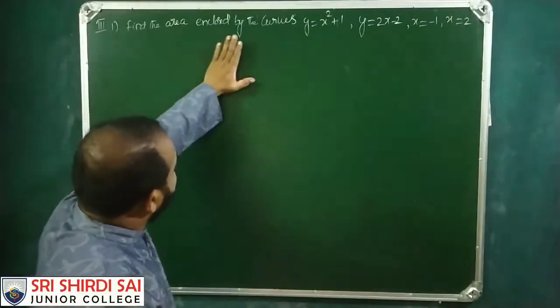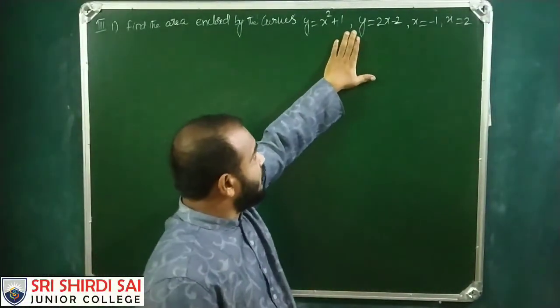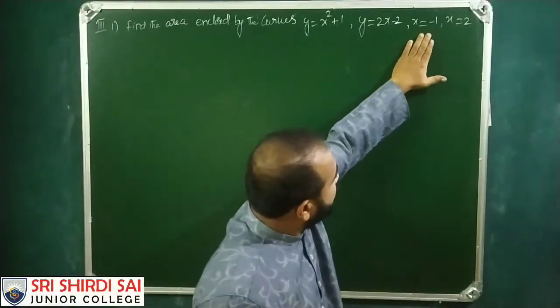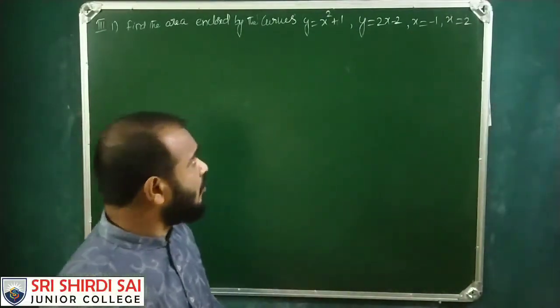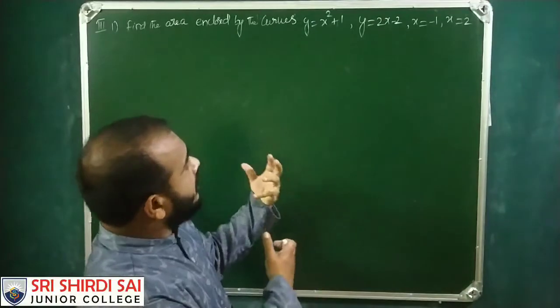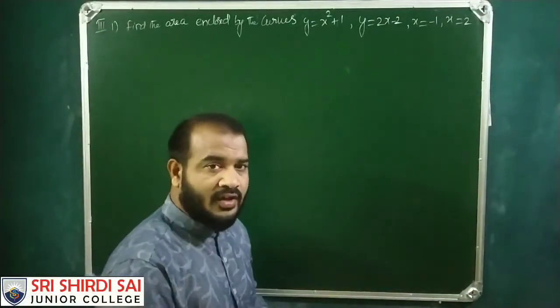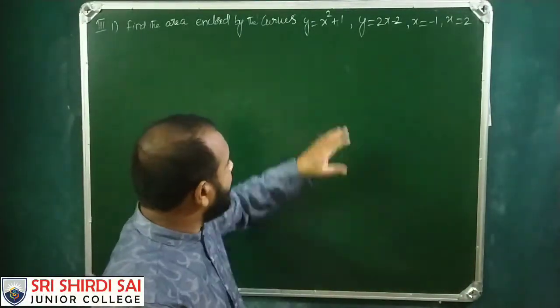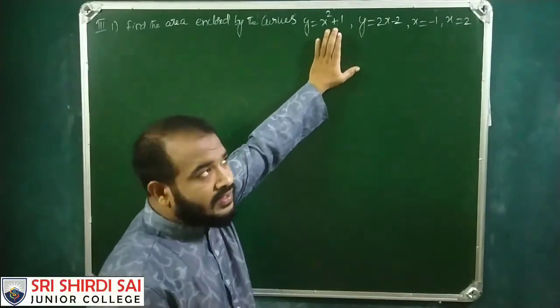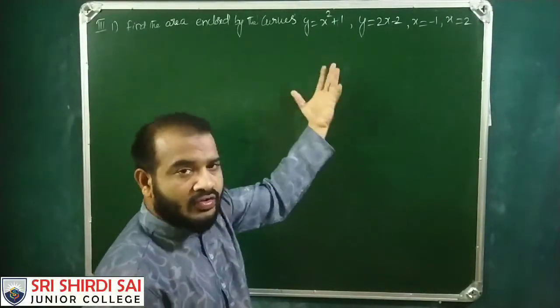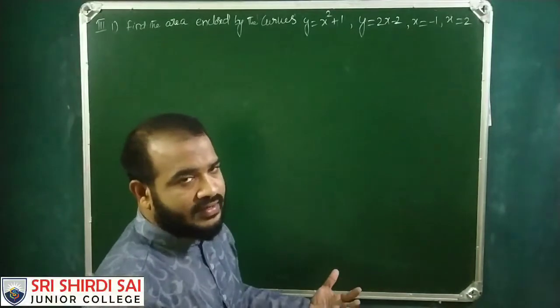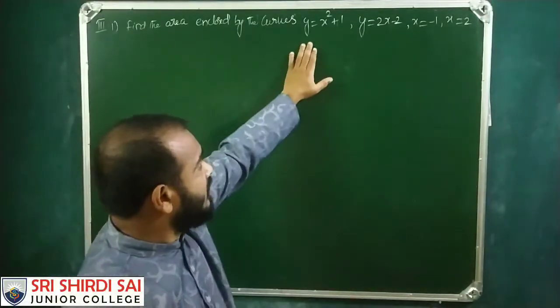Find the area enclosed by the curves y equals x square plus 1, y equals 2x minus 2, x equals minus 1, x equals 2. So every curve's behavior we can evaluate. See, y equals x square plus 1. This is a parabola but not in a standard form. Its vertex is not at the origin, but we can find easily.